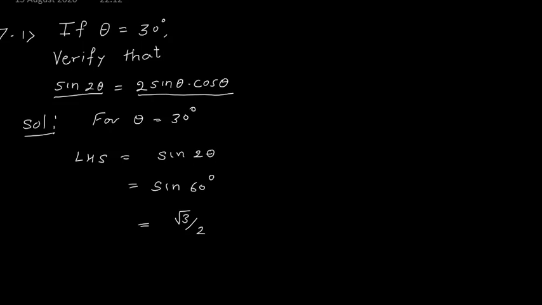Now let us see what is the right hand side. So our right hand side is 2 sin theta into cos theta. This is 2 into sin theta. What is theta? It is 30 degree, okay, sin 30 degree into cos 30 degree.